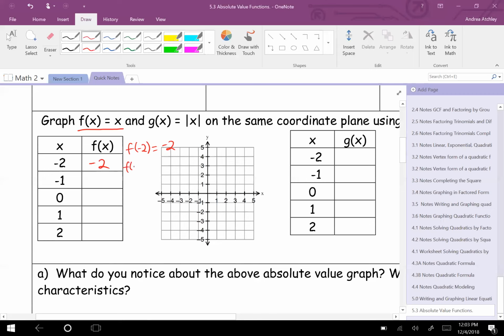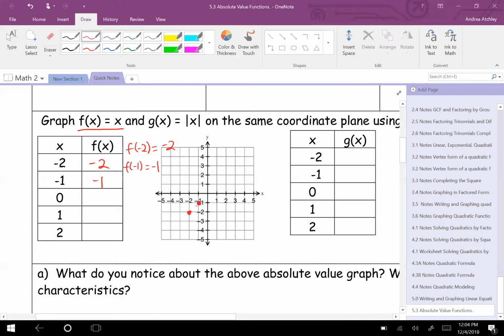When x is -1, f of x is still -1. Let's graph those points. So (-2, -2), (-1, -1).